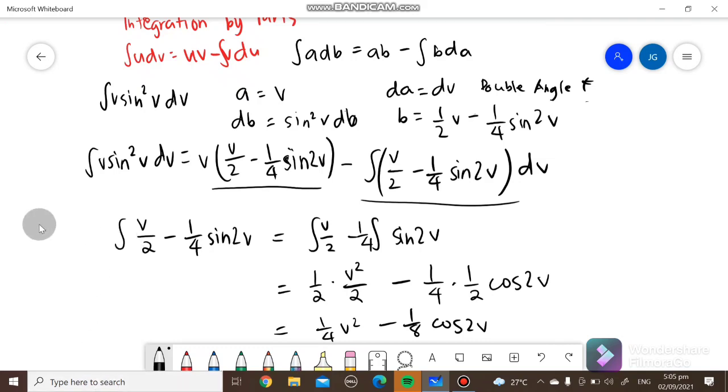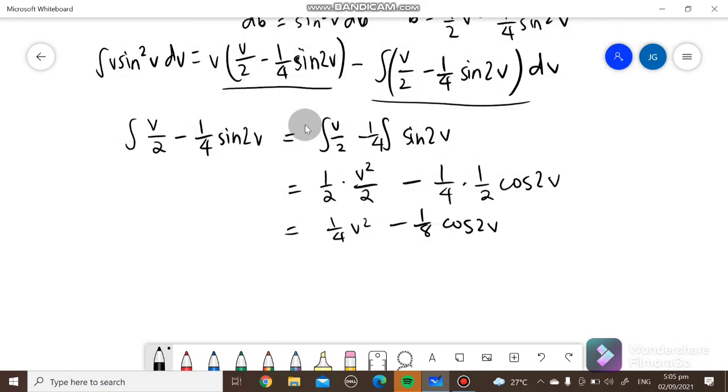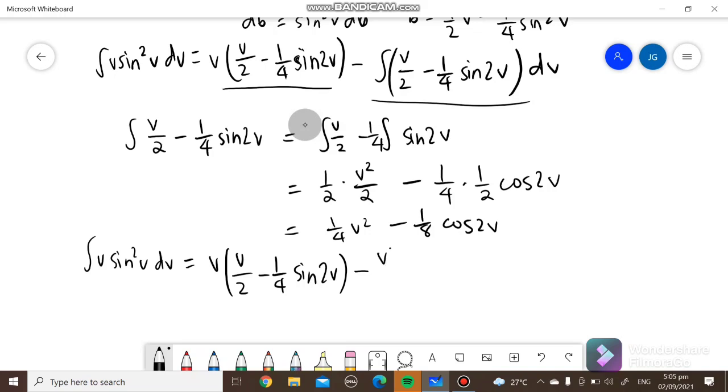So, ipaghalo-halo na natin. So, magkakaroon tayo ng final answer. The integral of v sine squared v dv is equal to v over 2 minus 1/4 sine 2v minus v squared over 4 minus 1/8 cosine 2v plus c.